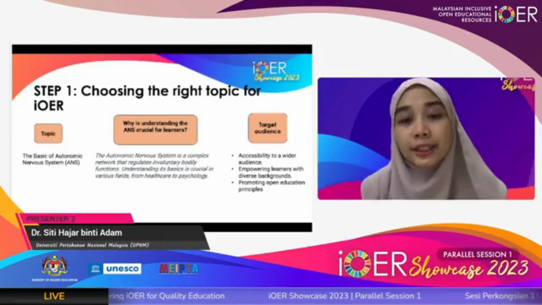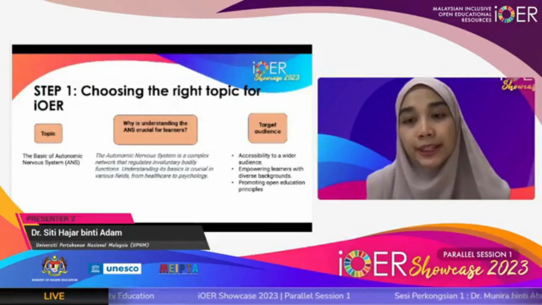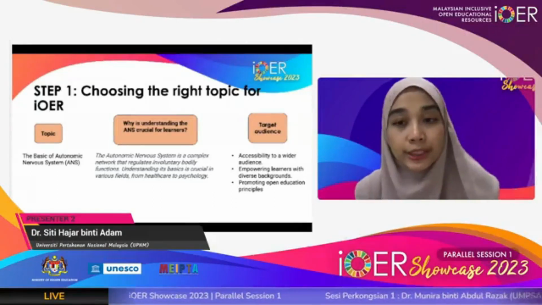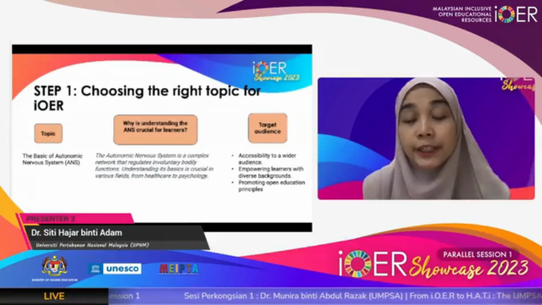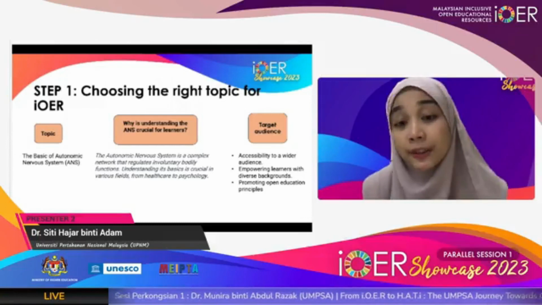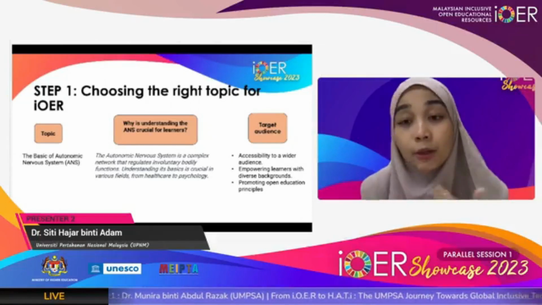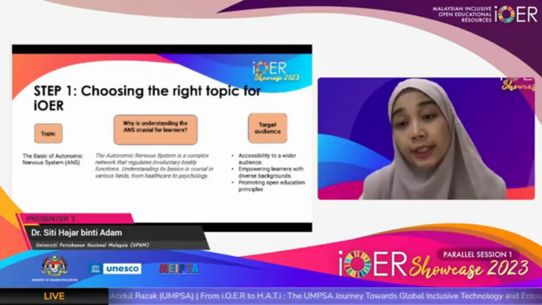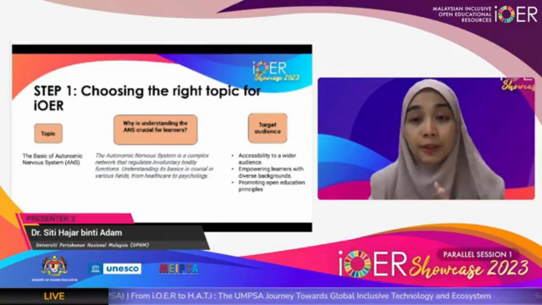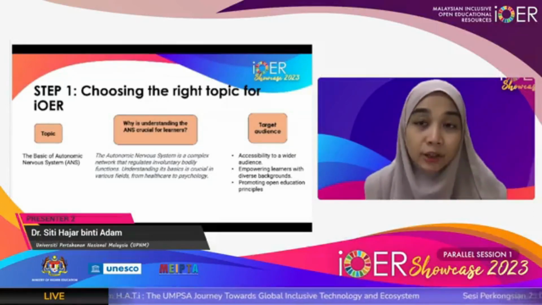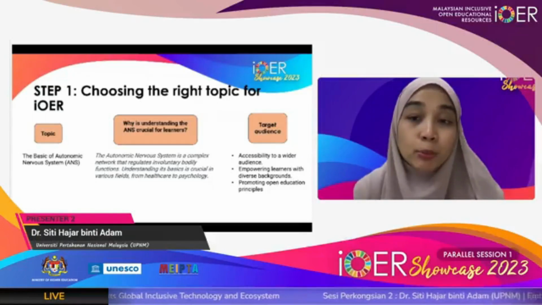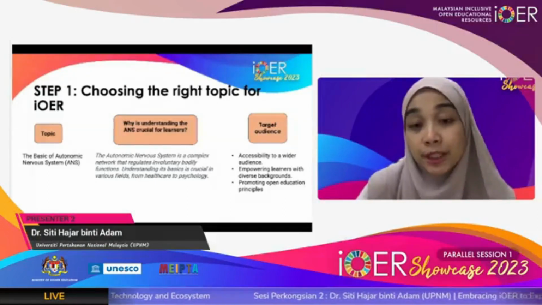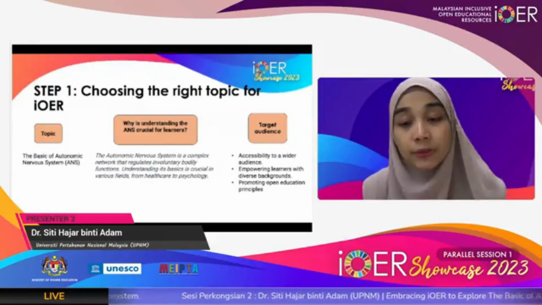That's why I think this topic can reach a wider audience, not exclusive to medical students, but also people in other fields such as psychology, pharmacy or pharmacology. This can empower learners with diverse backgrounds, which fits the inclusivity component of OER, and at the same time promotes the open education principle, which is that education is for all.